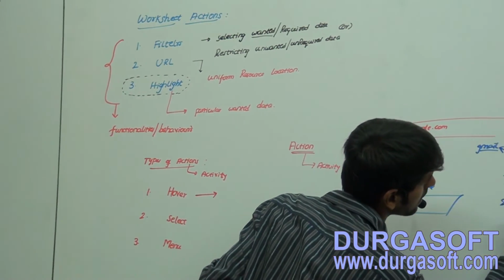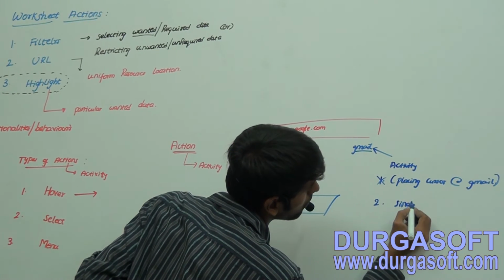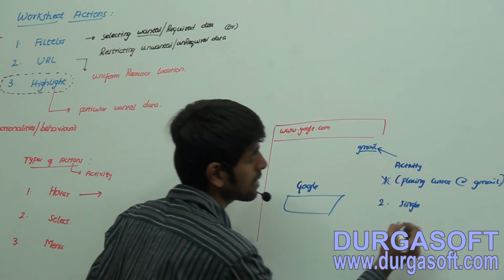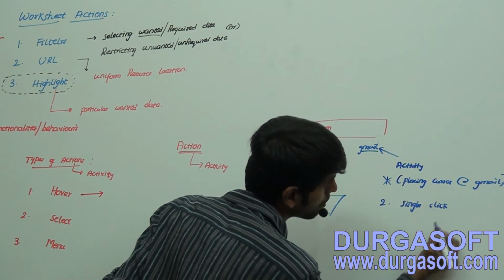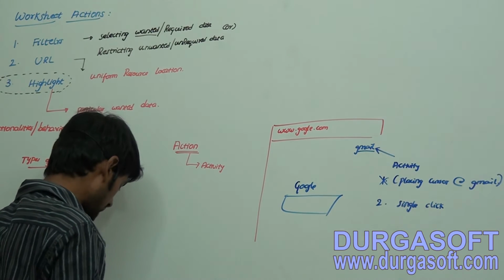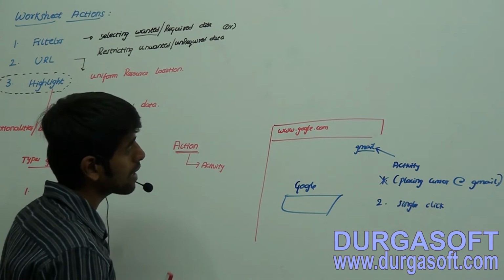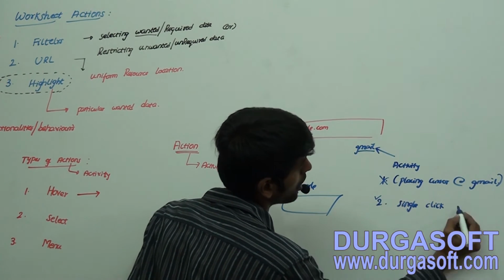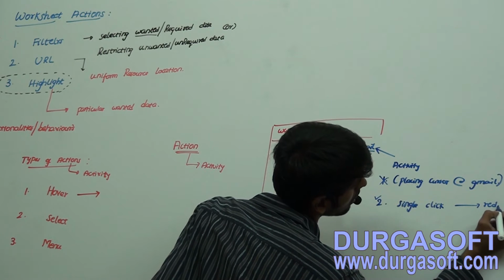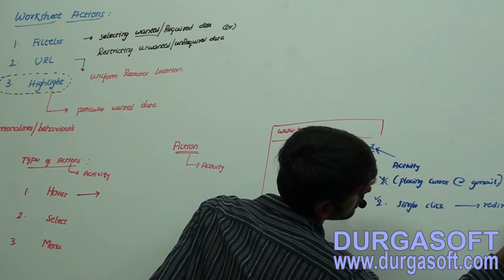If I do a single click here, that is also a type of action or activity, guys. Single click, it's very very important, try to focus. If I do a single click, then only what happens here? Then it is true. It is going to redirect to what? Redirect to what?